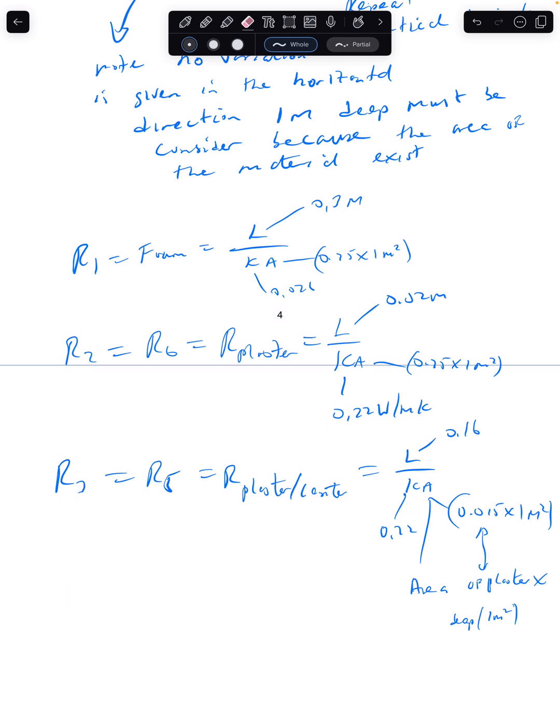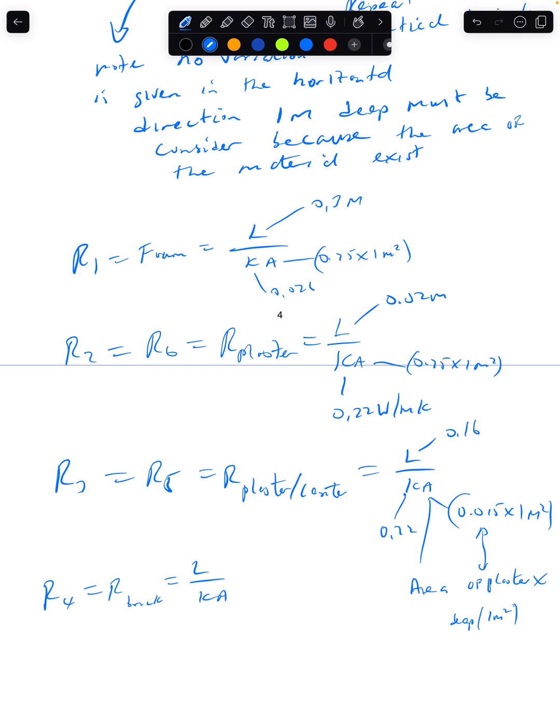Because you obviously know that R mid is going to be solved later when I solve for R4, which is going to be the resistance for the brick, and that brick is having this value for the resistance. And the length for that is going to be what?